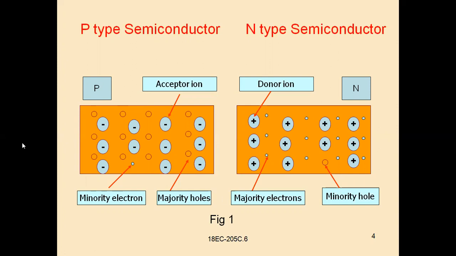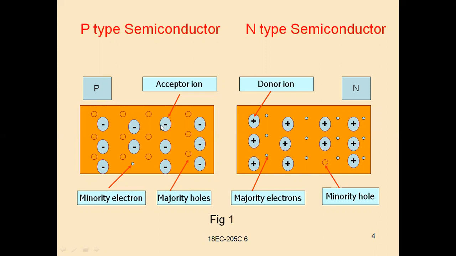See here, these are the electrons, which you are going to observe very few. Few electrons are going to be present in the p-type semiconductor, whereas you observe holes more in number. So in p-type, minority charge carriers are electrons, whereas the majority charge carriers are holes.